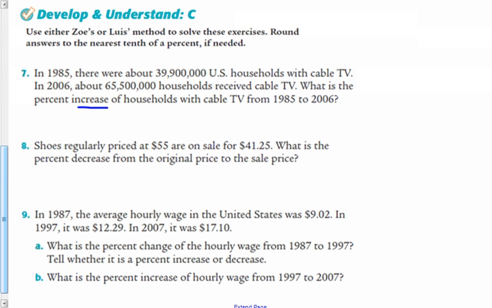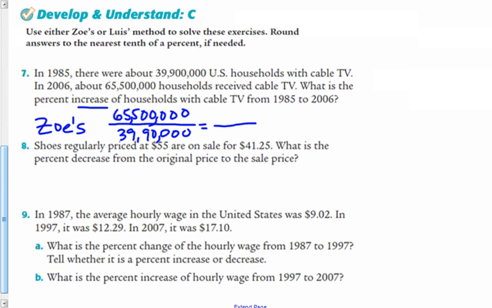So I'm going to use Zoe's method here. And what she did is she just took the new amount, which is 65 million, as her part, and then she used the other number, 39 million, as her whole, and then found what percent that is.